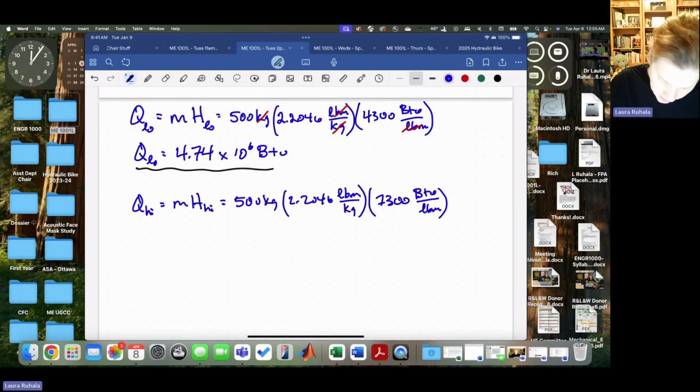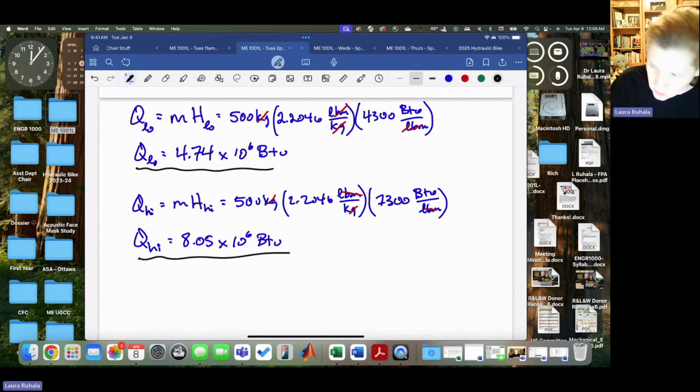And again, I will get it in terms of BTU. So the high value turns out to be 4 point... no, that's not 4.74, that was the previous one. 8.05, again times 10 to the 6 BTU.